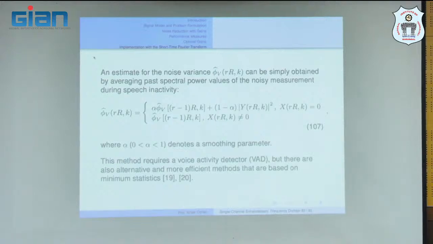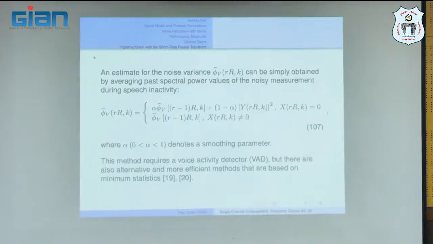So sometimes I know when speech is active, during which windows there is speech or not. Do you know how we call these algorithms? Voice activity detection. In short, VAD.